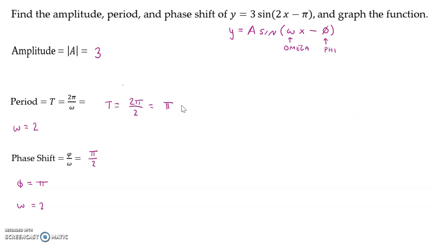With phase shift, you're going to be moving these graphs either to the left or to the right based on some values that are given to you in the problem. If your phi value is something positive, something greater than 0, then your graph is going to be shifting to the right.